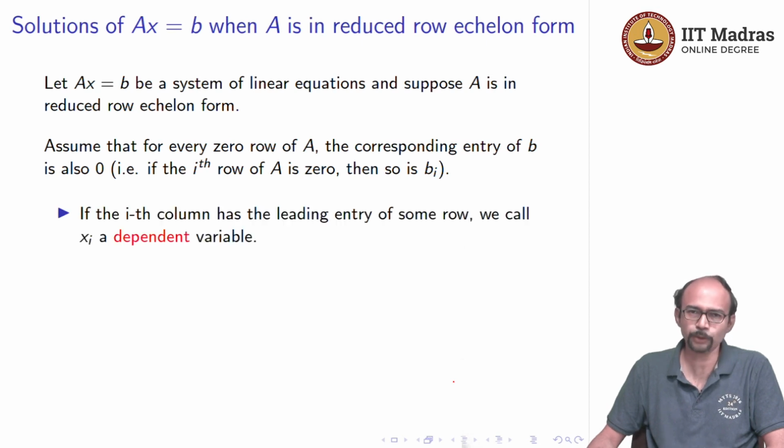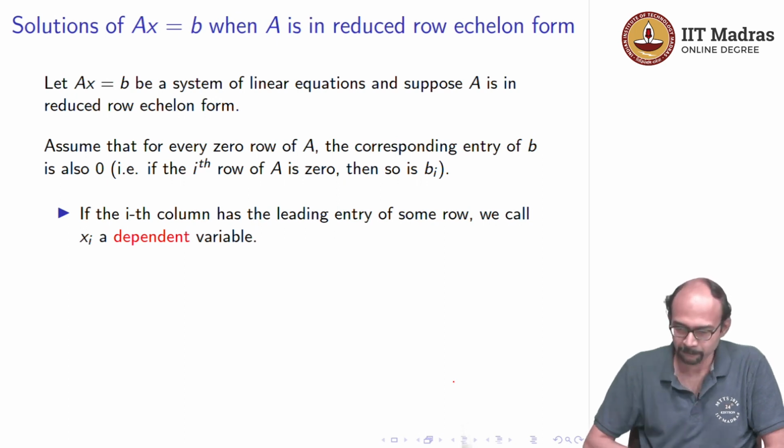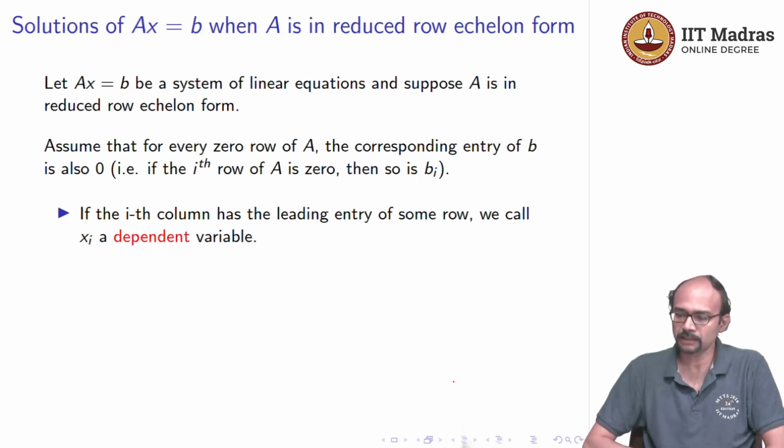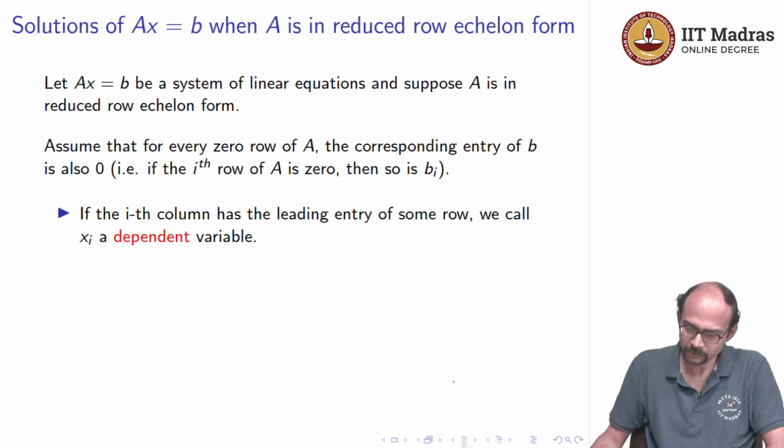Okay. So, we are going to give some names here, so that we make this procedure very algorithmic. If the ith column has the leading entry of some row, right, there are going to be some columns which have leading entries. In our first example where we had 102 and 013, the leading entries were in the first column and the second column respectively. Okay.